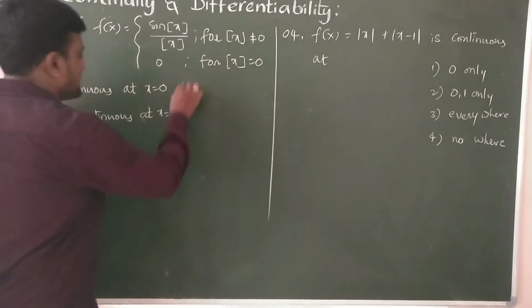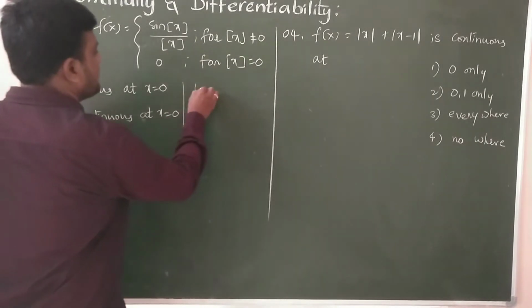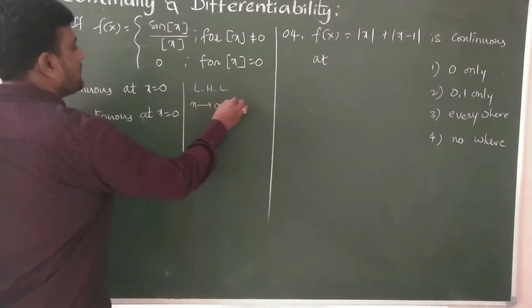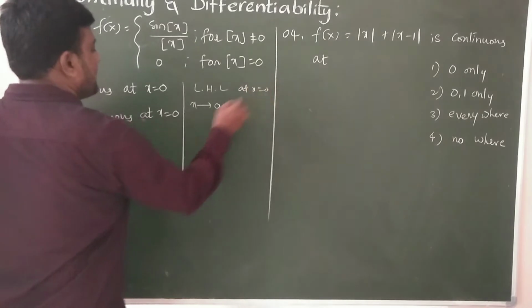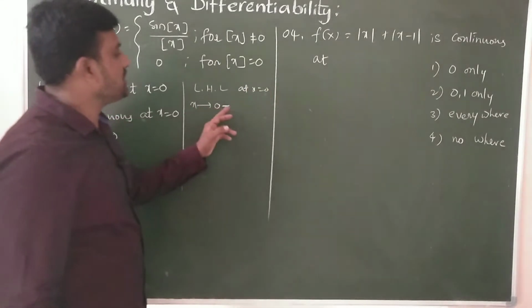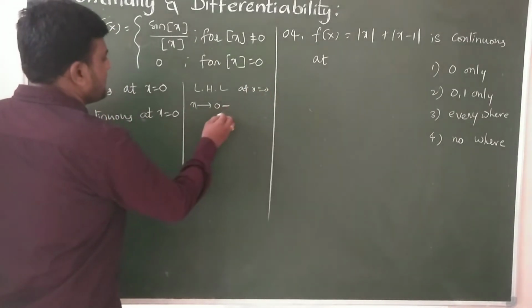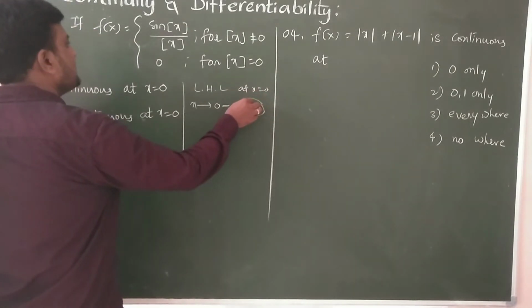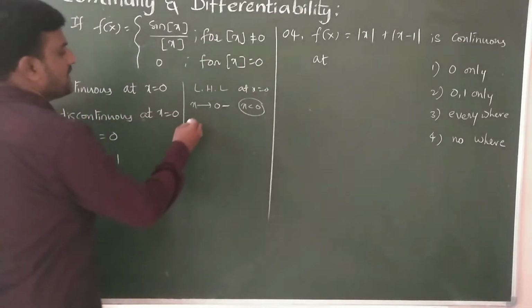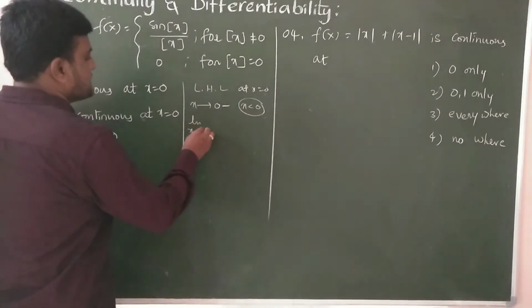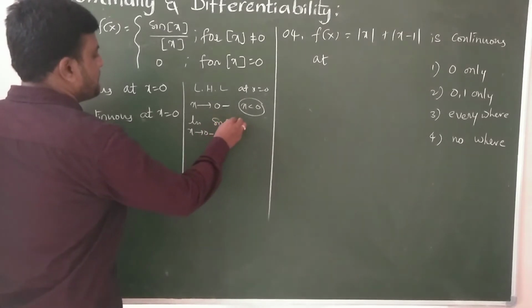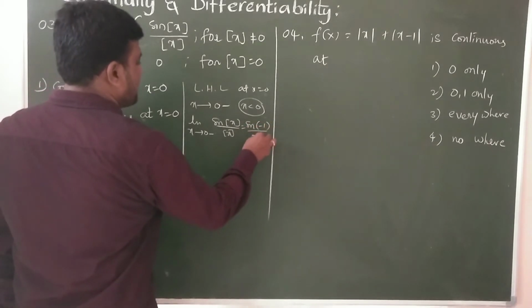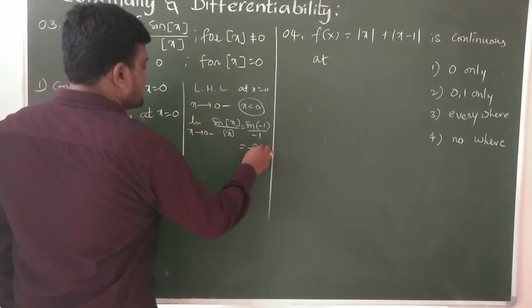First we can check the LHL, the left hand limit. The left hand limit should be where x tends to 0 negative, that is x less than 0. When x is less than 0, the limit as x tends to 0 of sin of step of x by step of x equals sin of minus 1 by minus 1, which equals minus sin 1.